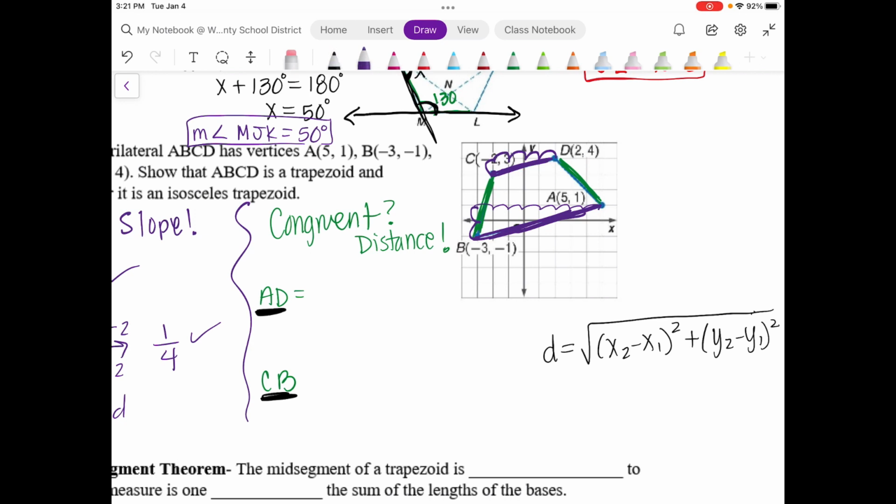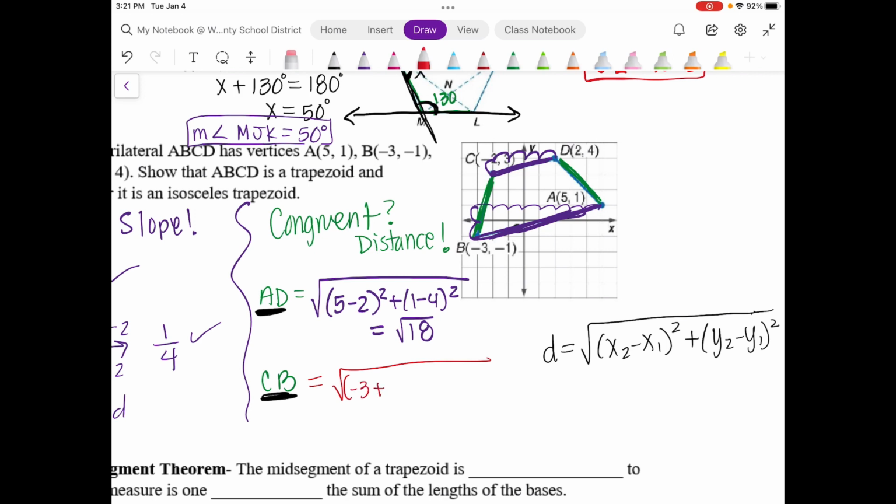All right, hopefully you had a chance to try this out. When I find the distance for AD, I'm going to put it in this way, but yours could look a little bit different. That's okay. And I end up with the square root of 18. I'm going to do the same thing for CB. Okay, so I have -3 plus 2.